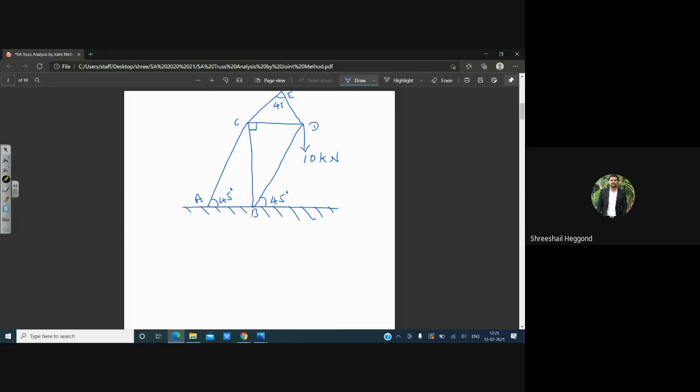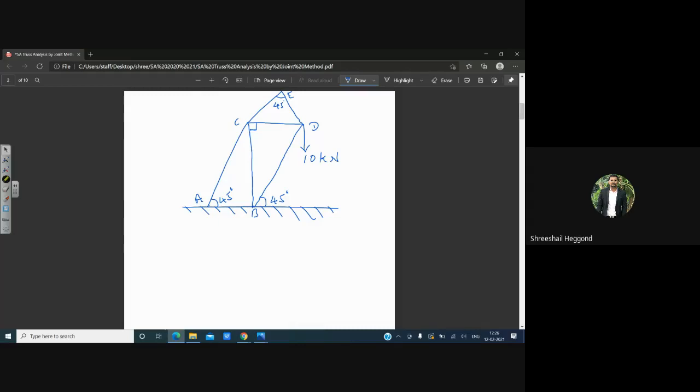Now the next numerical. A, B, C, D, E is a truss. AB is the base.